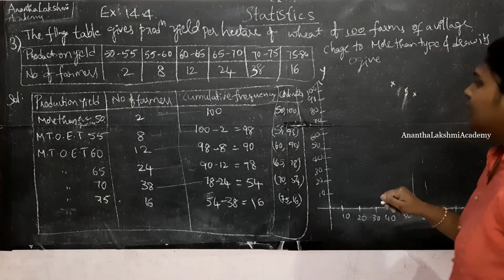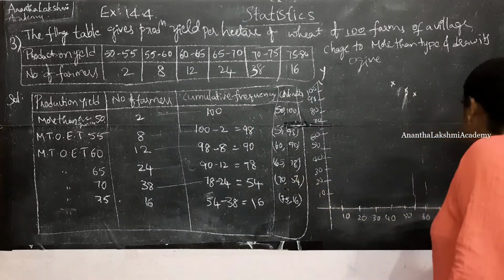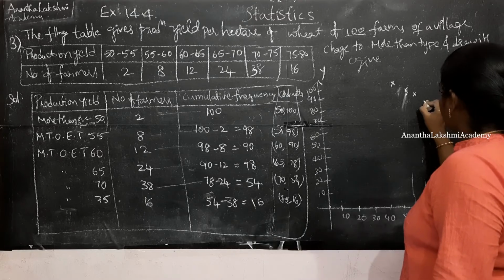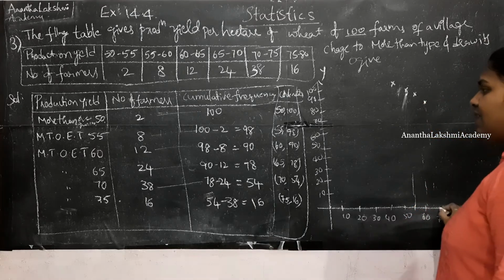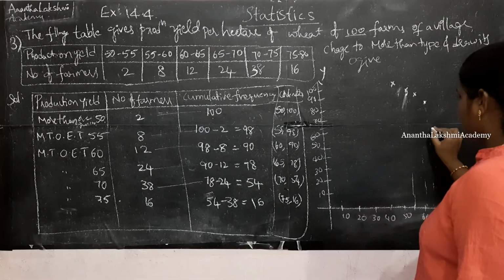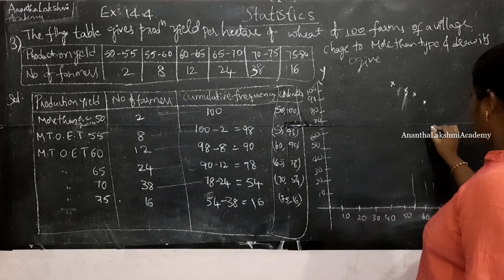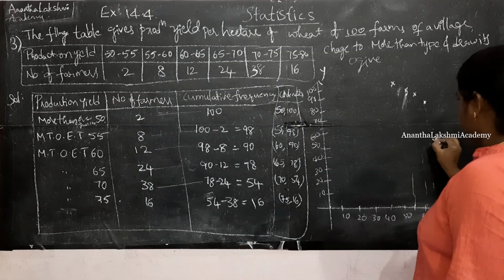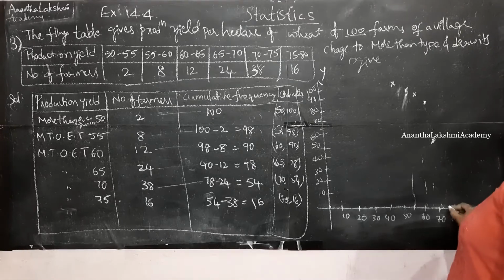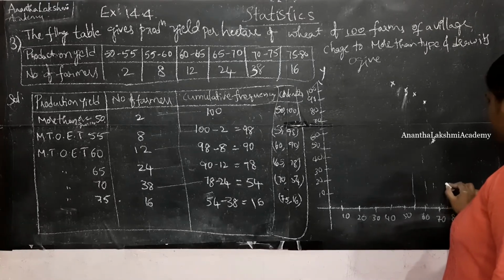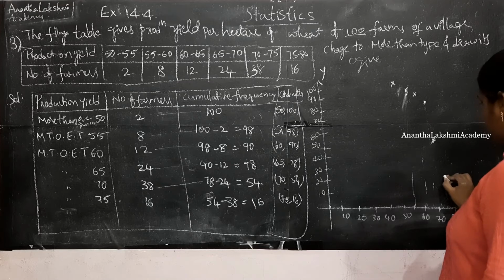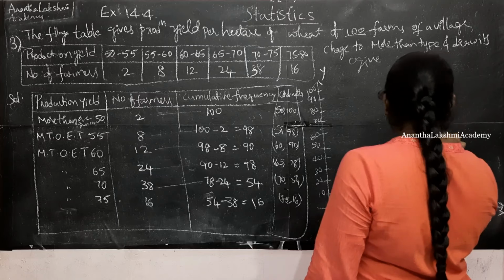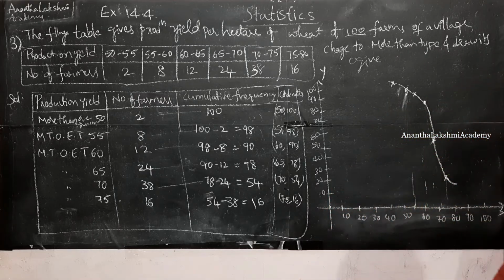And then for 65, we have 78, which is around here. And for 70, we have 54. 54 is here. And for 75, we have 16, which is somewhere here. All right. So let us join the dots. We get a curve like this.